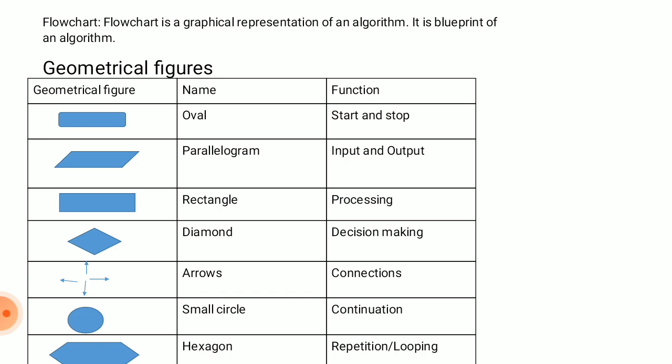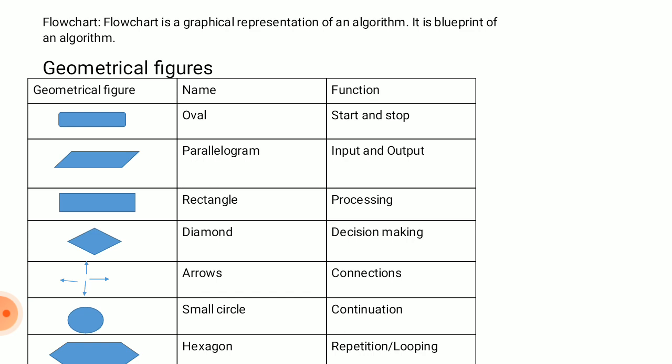So there should be a connection between each geometrical figure. The next one is a small circle. A small circle is used for continuation. Continuation means, if you are drawing a flowchart and it does not fit in the particular page, then you continue that flowchart on the next page.